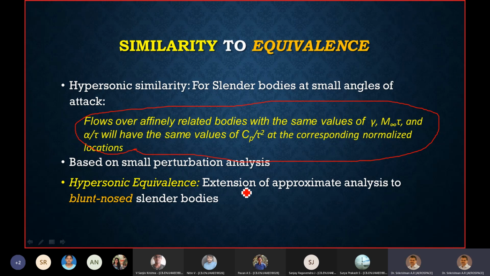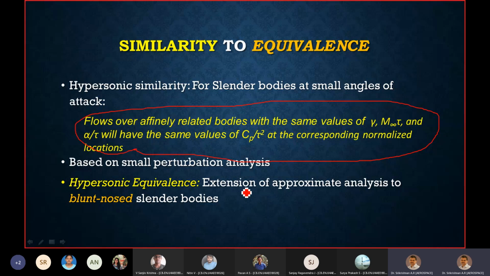We assume gas properties like gamma are the same, and we also have these two similarity parameters, M infinity times tau and alpha by tau, tau being the inverse of the slenderness ratio.